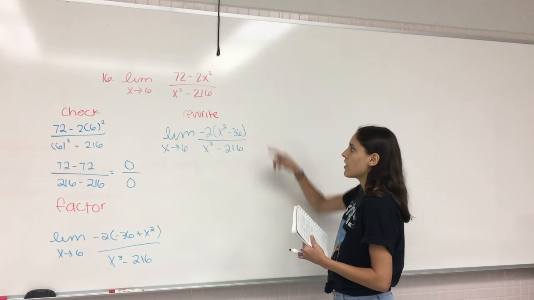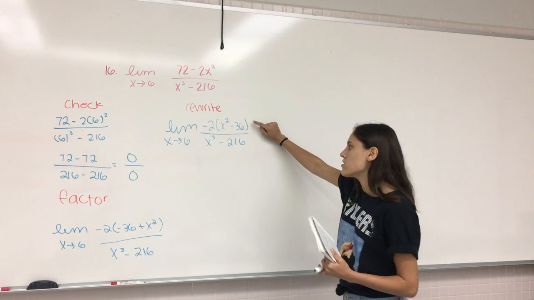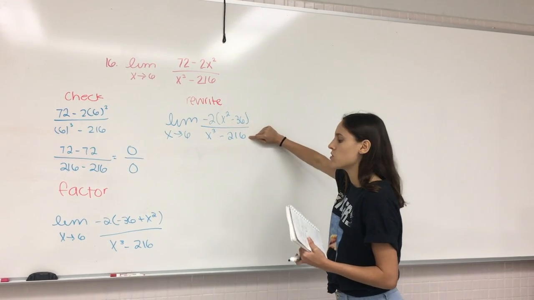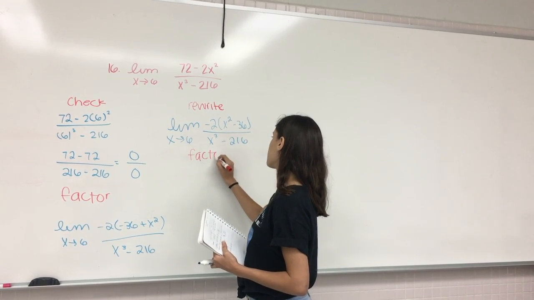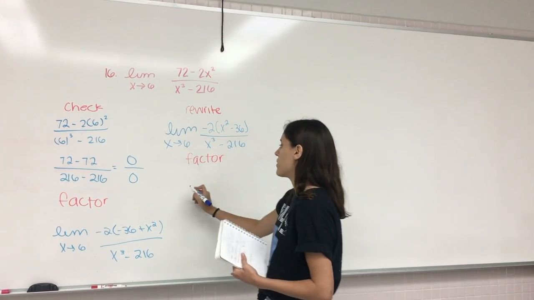So as you can see, this is a difference of squares and this is a difference of cubes. So we also need to factor that out using the same notation.